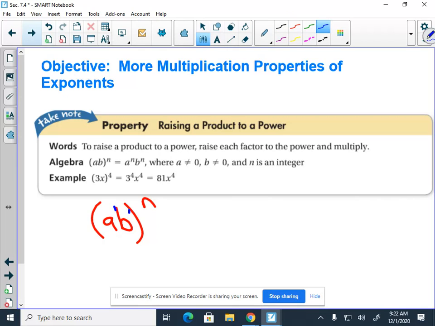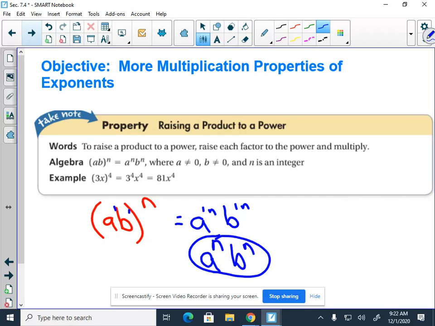If it's raised to a power, you have to raise them both to that power. So this a would have to be a to the 1 times n. Now 1 times n is just a to the n. And this b would have to be b to the 1 times n, which is just b to the n. So that one becomes a to the n, b to the n. You have to do it to both.